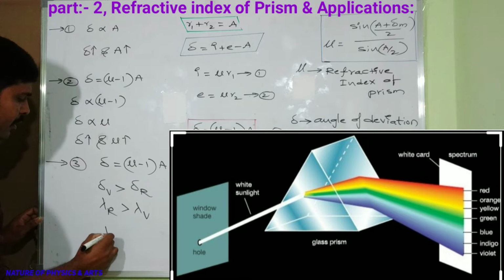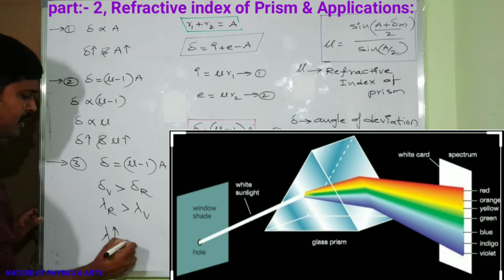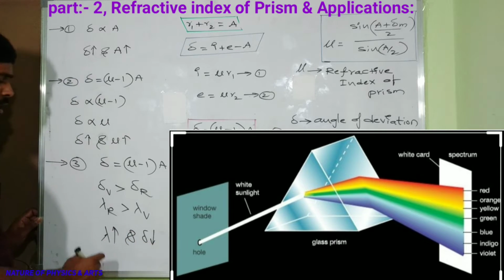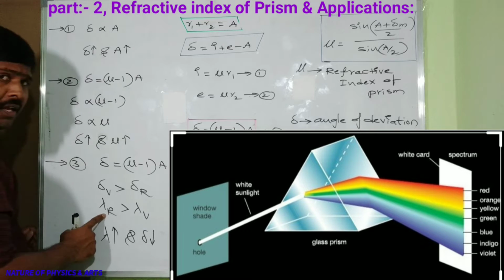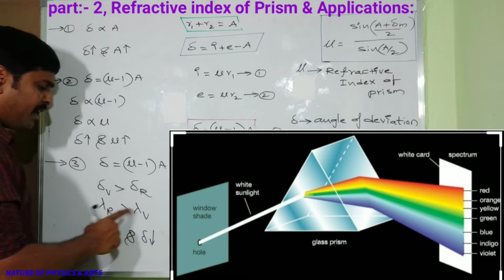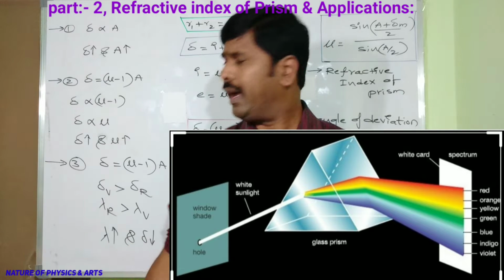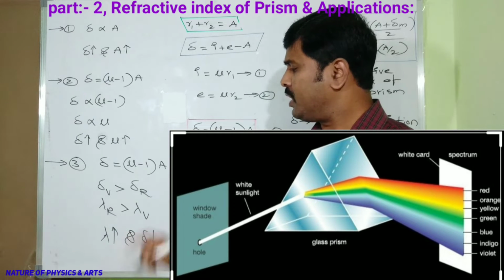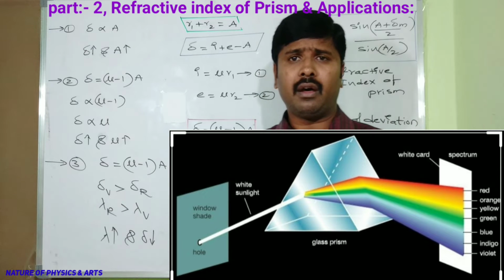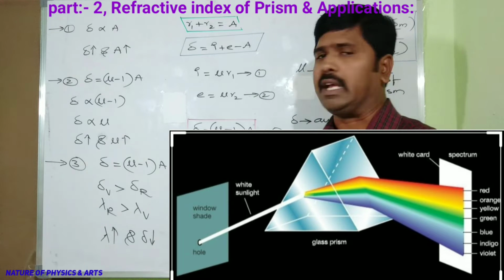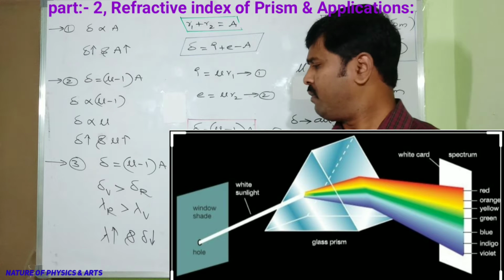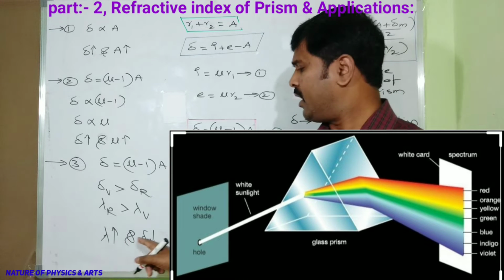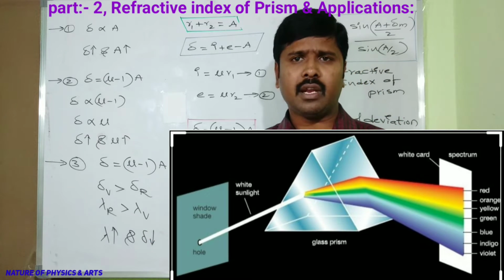That's why, as wavelength increases, the deviation angle decreases. For example, red color wavelength lambda r is greater than the wavelength of violet, so as lambda increases, the deviation angle of the red color decreases. For violet color, the wavelength decreases, so the deviation angle increases.